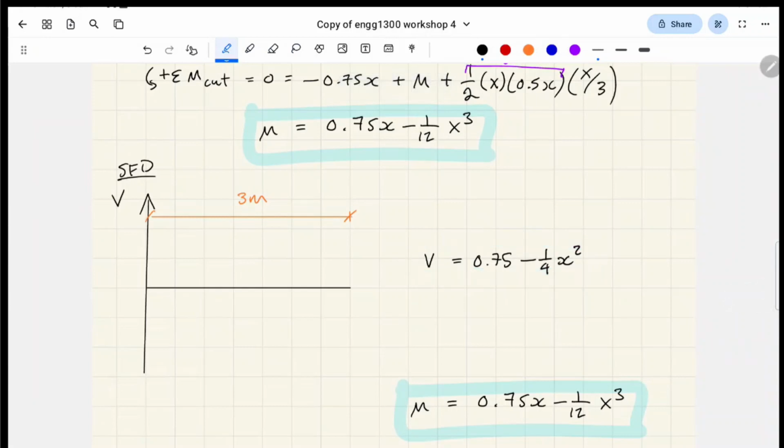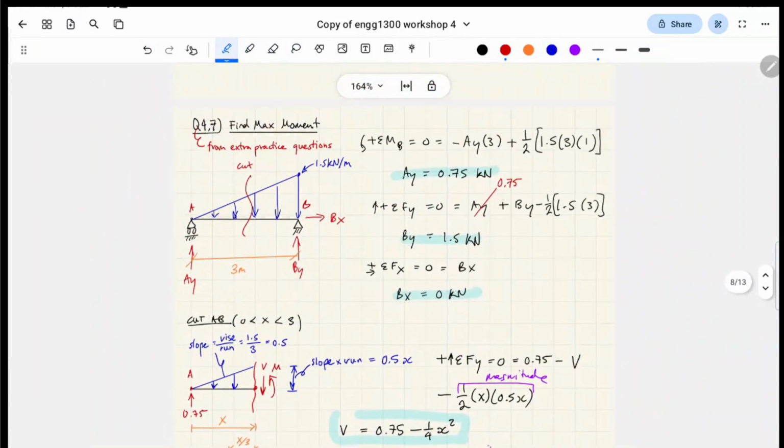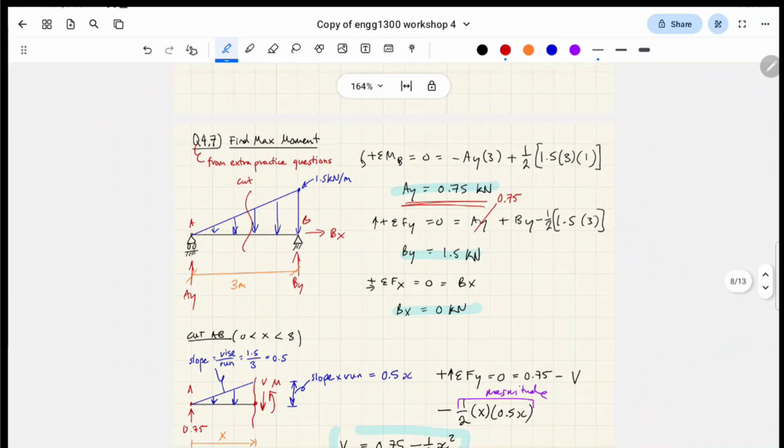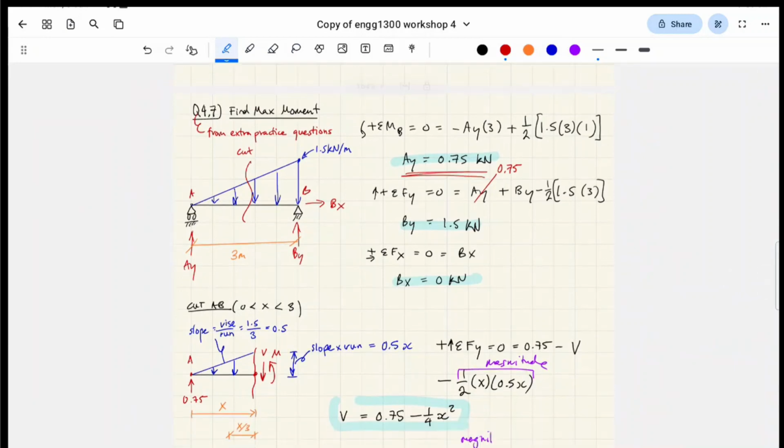And so we start off at 0.75. And guess what that was? That was the AY. Same thing as the graphical method, but like 10 times harder to get here.